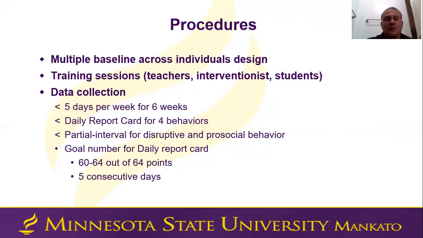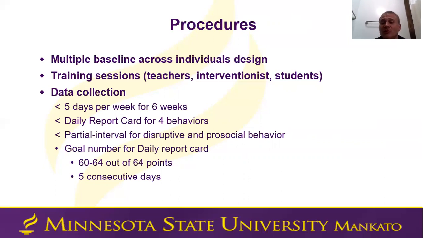If a student had up to 3 reminders or met the goal 50% of the time, they received a 1. If they received 4 or more reminders or redirections about that goal, then they received a 0 for that subject. There is a form we will look at on the next slide that shows what the daily report card looks like.